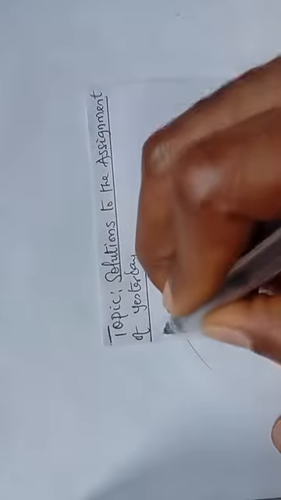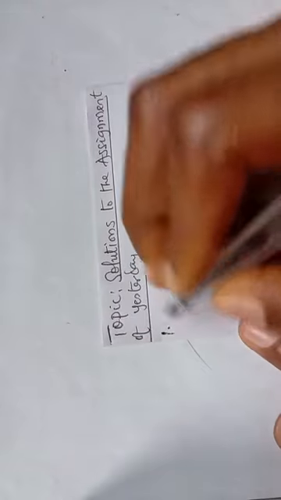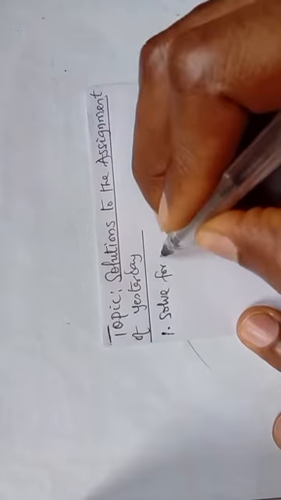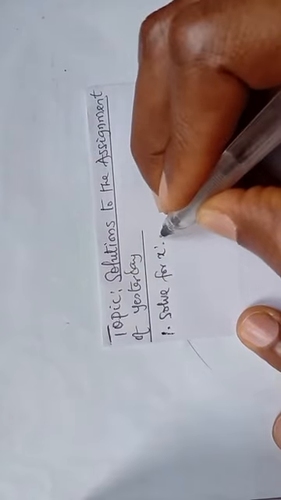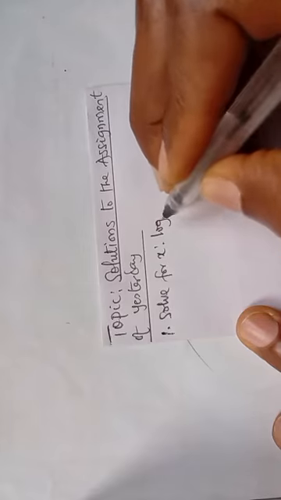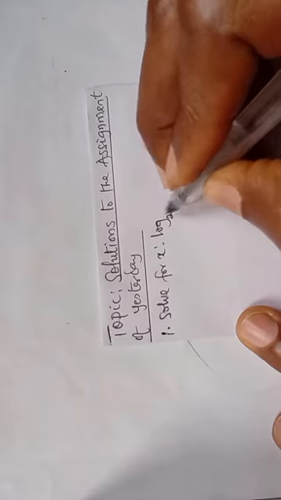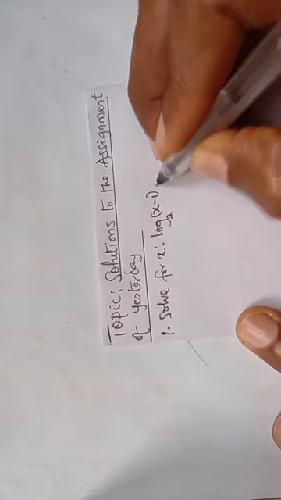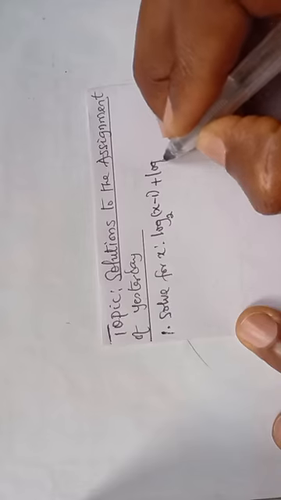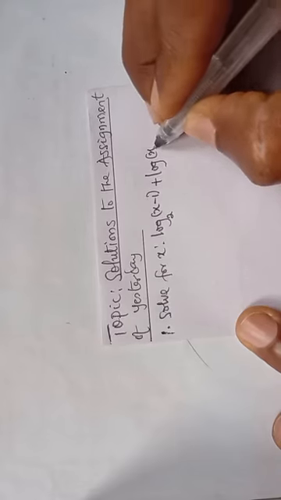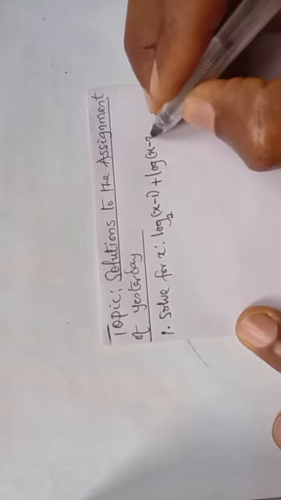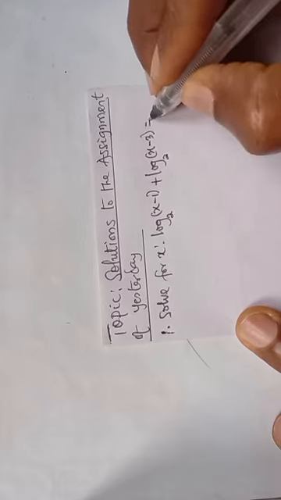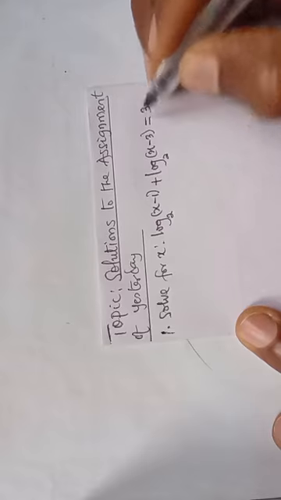Very fast. The first one says solve for x in log base 2 of x minus 1 plus log of x minus 3 to base 2 is equal to 3.